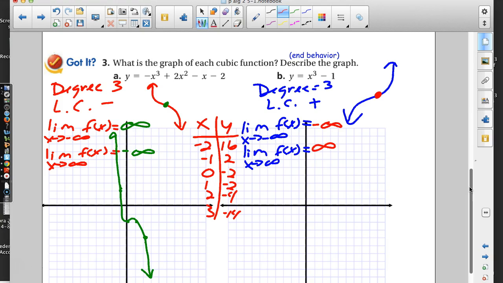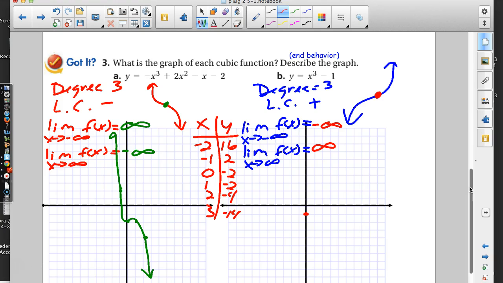Lumpy bumps? No. This doesn't have an x. It's just negative 1. That means you move it down 1. So you take the normal graph of x cubed and you just move it down 1. It's going to go through there. It used to go through 0, 0, but now it's down 1.